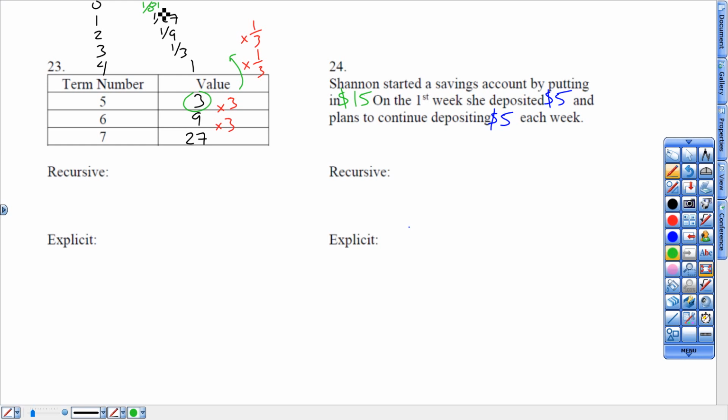And I got that by just taking these numbers. 3 times 1/3, 1. 1 times 1/3, 1/3. 1/3 times 1/3, 1/9. 1/9 times 1/3, 1/27. Times 1/3, 1/81. You need to come to grips with these fractions on these geometrics.